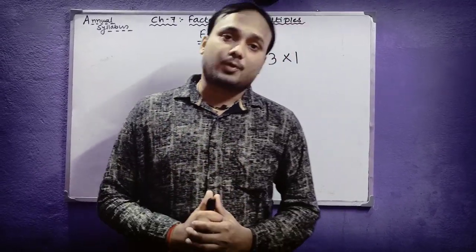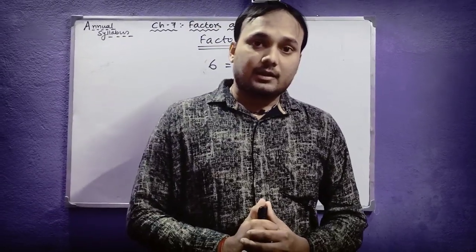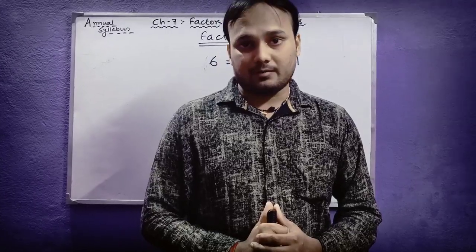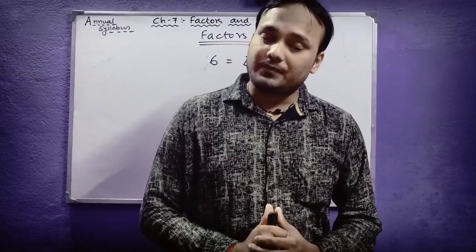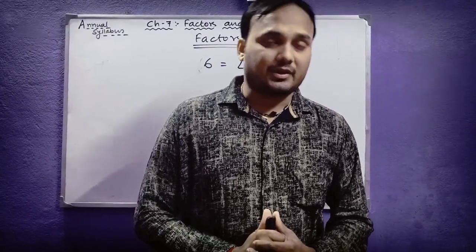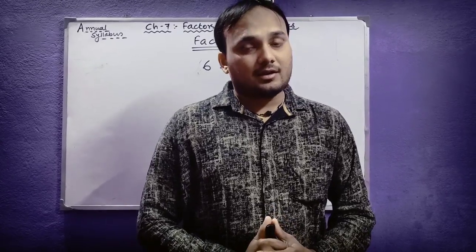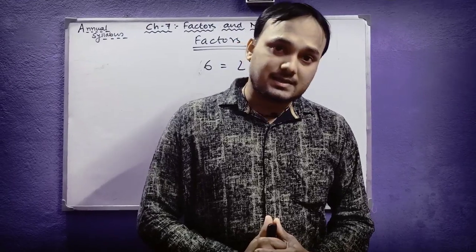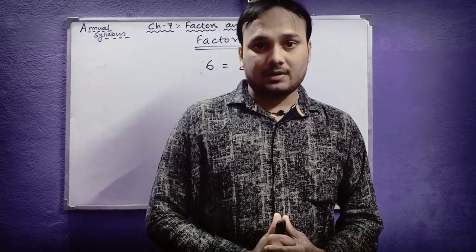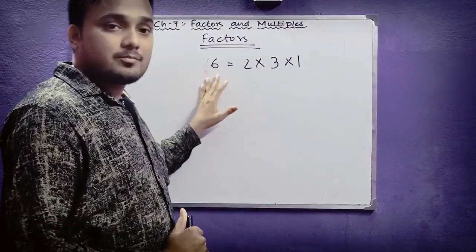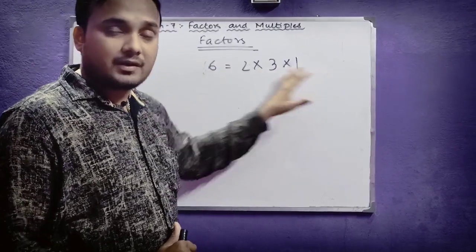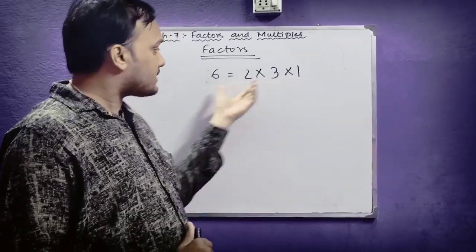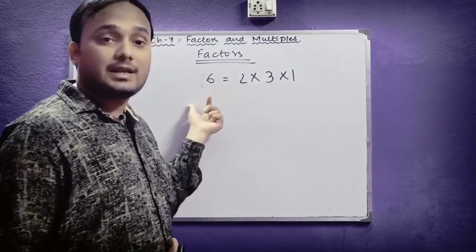The first property of factors is that 1 is a common factor for every number. That means any number you take, 1 will be a factor of that number. Second property is that factors are always less than or equal to that number. That means if 6 is the number, 2, 3 and 1 are the factors of 6, and all these 3 numbers are lesser than 6.